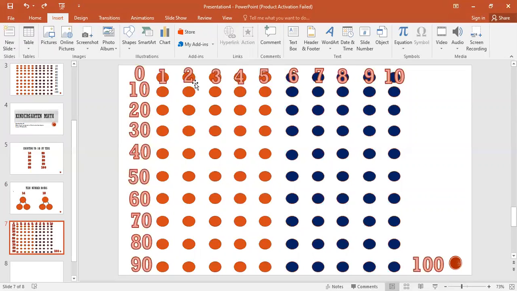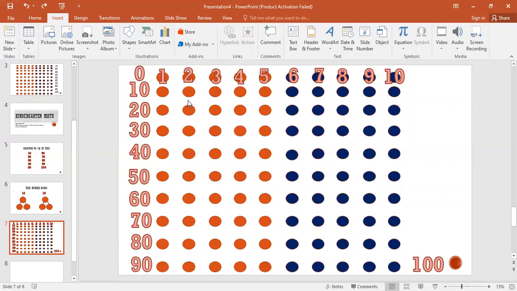If we were going to go to 20, let's count our ones to 20. 10, 11, 12, 13, 14, 15, 16, 17, 18, 19, 20. Let's go ahead and count to 30 now. Ready? 20, 21, 22.